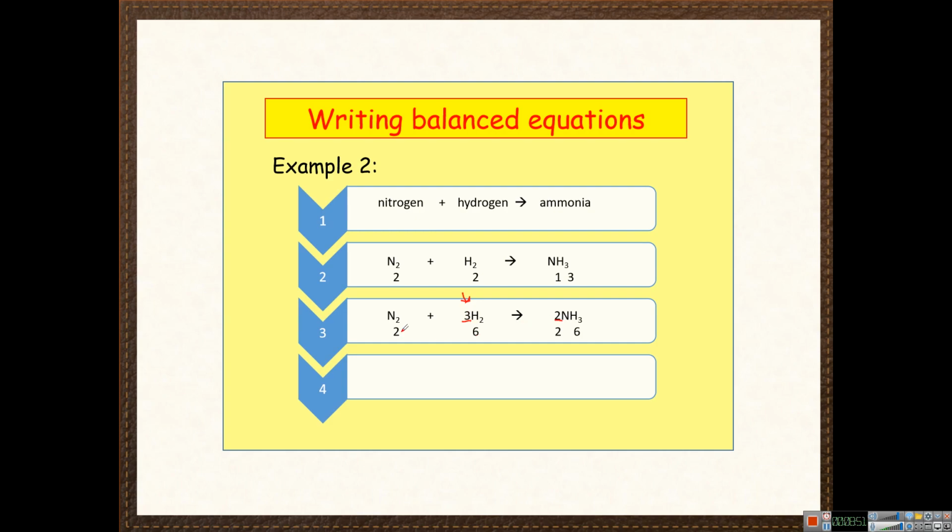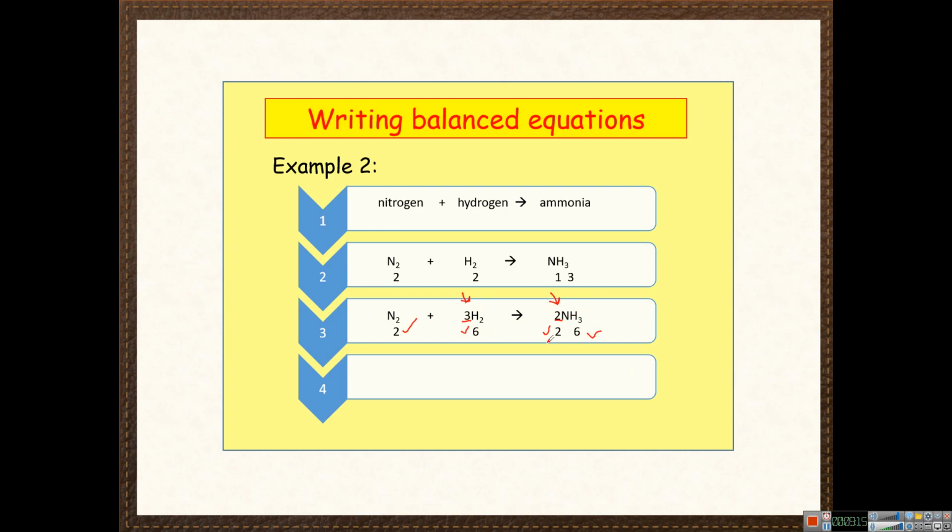So we have 2 nitrogen on this side along with 6 hydrogen reacting together to give you ammonia, which has 2 nitrogens and 6 hydrogens on this side, as there are 2 of these molecules, right? So 1 molecule of nitrogen reacting with 3 molecules of hydrogen, giving you just 2 molecules of ammonia.